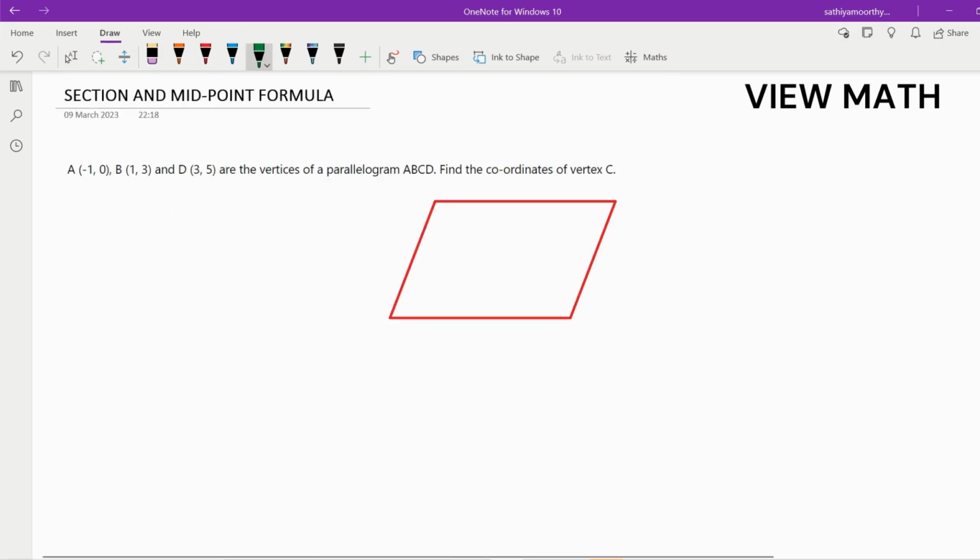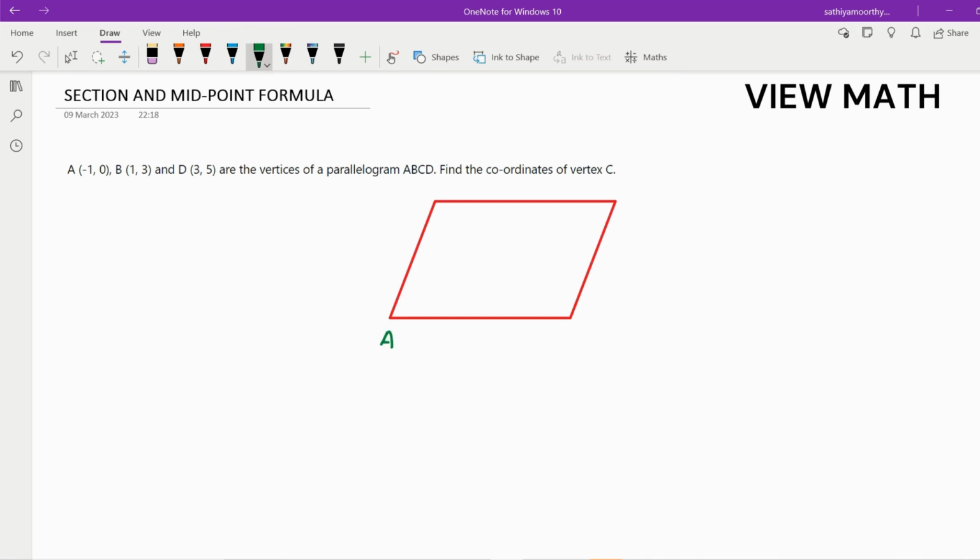Next problem: A(-1, 0), B(1, 3) and D(3, 5) are the vertices of the parallelogram ABCD. Find the coordinates of the vertex C. So here they have given a parallelogram ABCD.